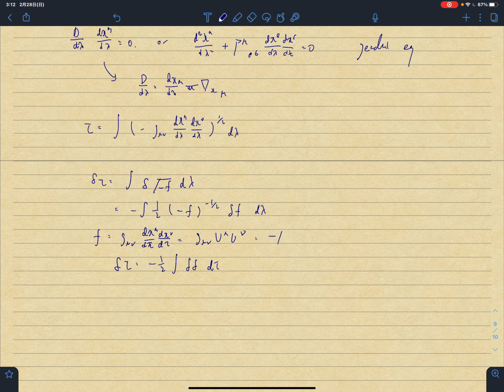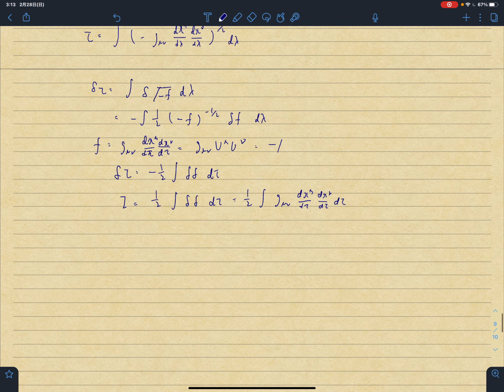Stationary points of this: paths for which delta tau equals 0 are therefore equivalent to the stationary points with fixed parameterization of the simpler integral I equals the integral of f d tau, equals g mu nu dx mu d tau dx nu d tau. This is by no means necessary, but will make things nicer later on.